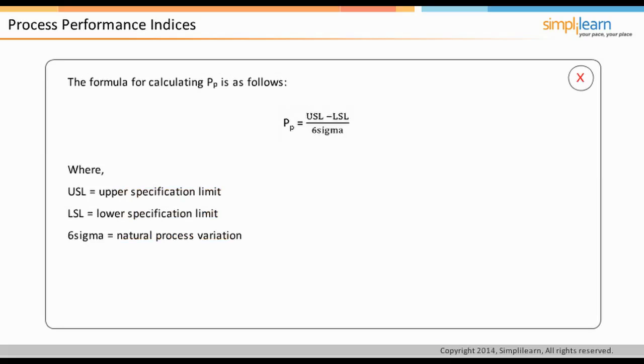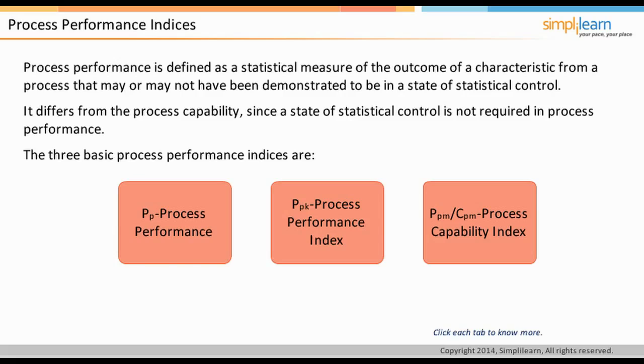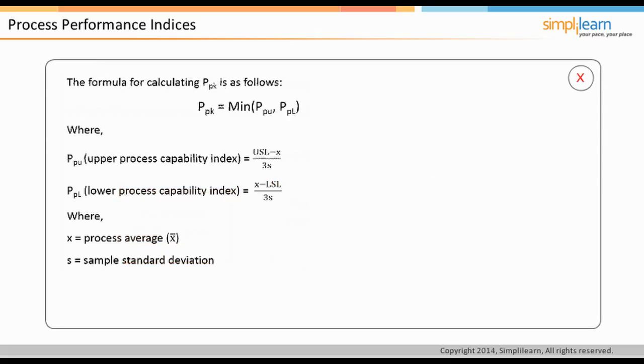PP stands for Process Performance. It is computed by subtracting the lower specification limit from the upper specification limit, the whole divided by natural process variation, or 6 sigma. PPK is the Process Performance Index and a minimum of the values of the upper and lower process capability indices. The upper and lower process capability indices are calculated as shown on the screen.